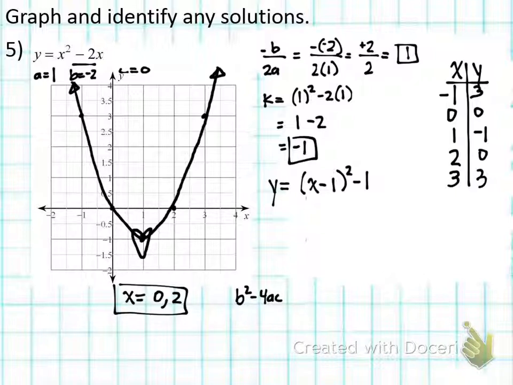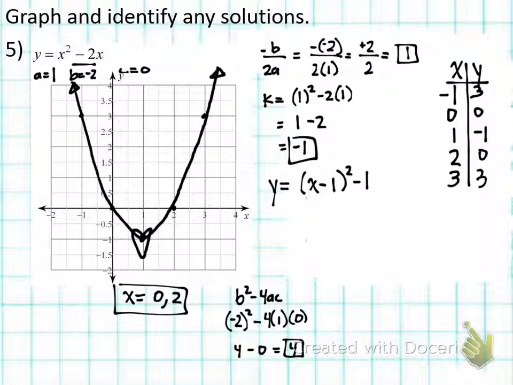Okay, b squared is -2 squared minus 4 times a, which is 1, times c, which is 0. So -2 squared is 4. 4 times 1 times 0 is 0. So it's 4. That's our discriminant, right? You're right. It's positive. Do you see that? Okay.